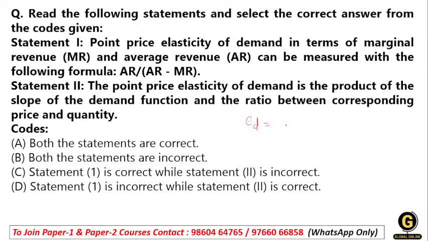ED, elasticity of demand, equals average revenue divided by average revenue minus marginal revenue. This formula is derived from the relationship between marginal revenue and elasticity in the imperfect competition scenario.